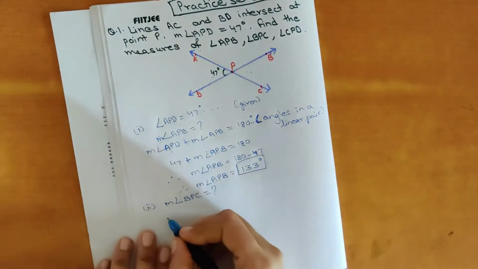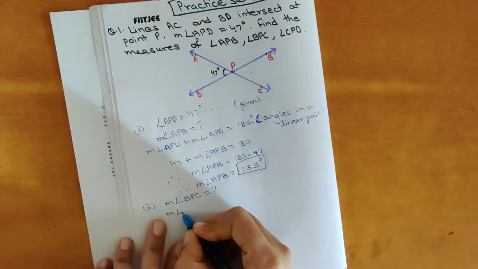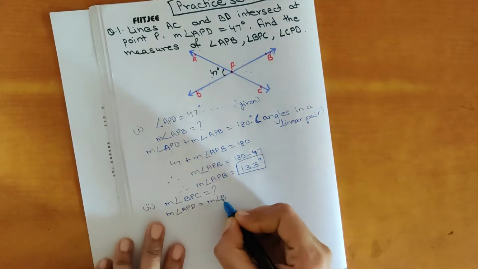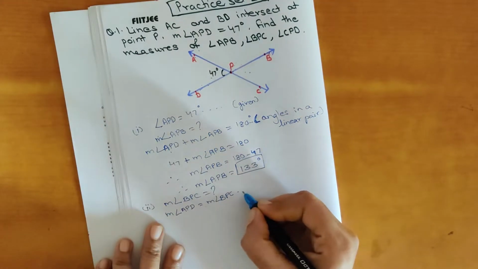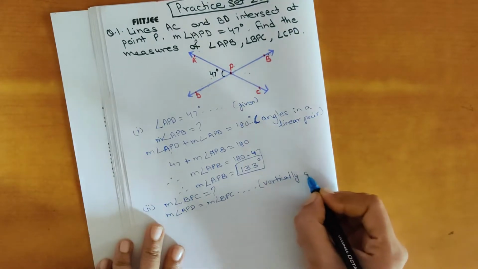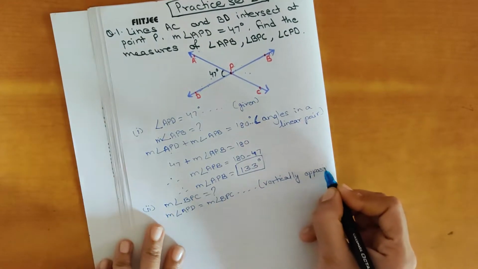So we can write measure of angle APD is equal to measure of angle BPC. Why? Vertically opposite angles.